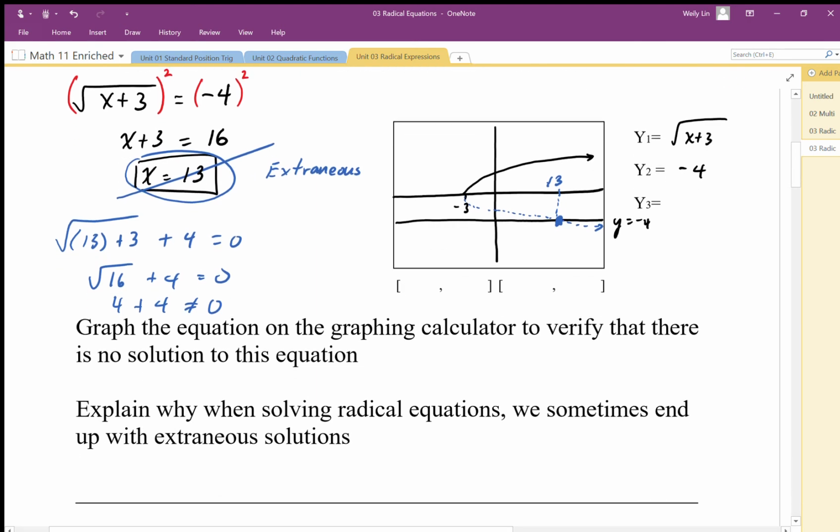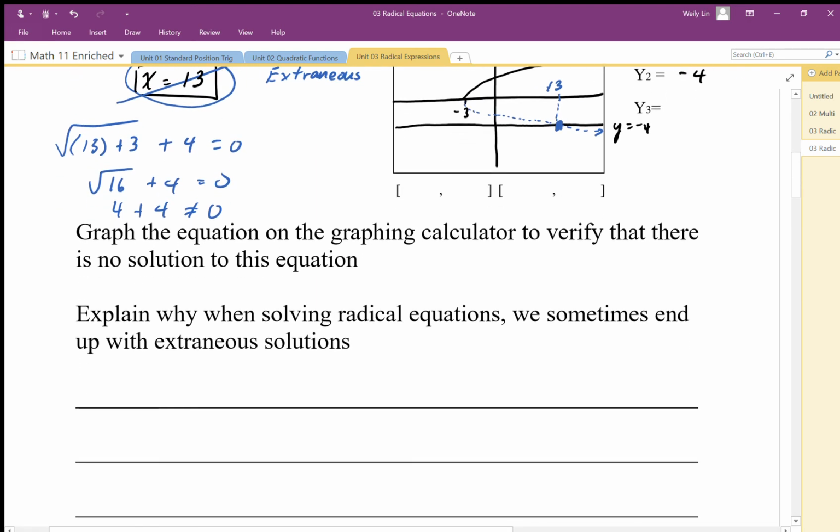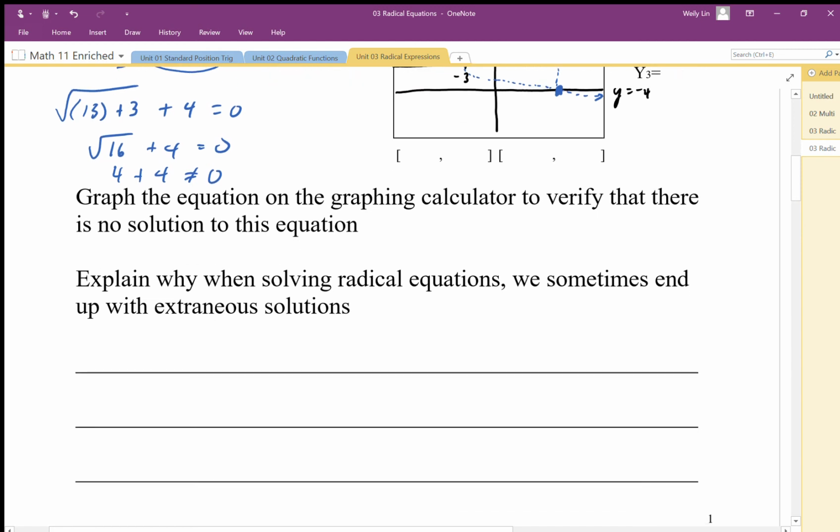Okay, so explain why when solving radical equations we sometimes end up with extraneous solutions. Well, when we undo the square root with power 2, x squared, okay, when we undo the square root with a square, we introduce the bottom half of the parabola.